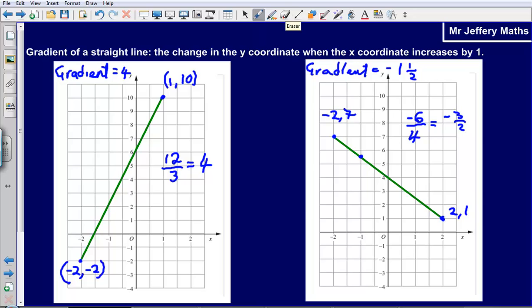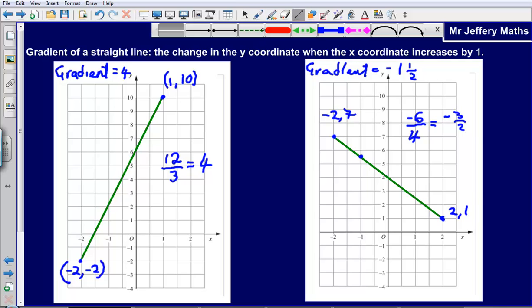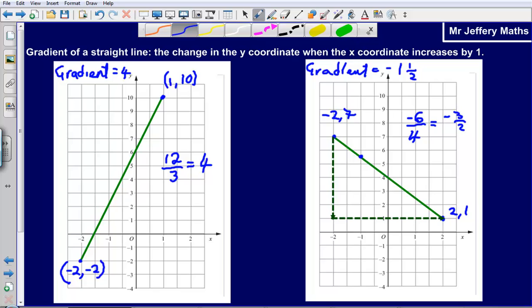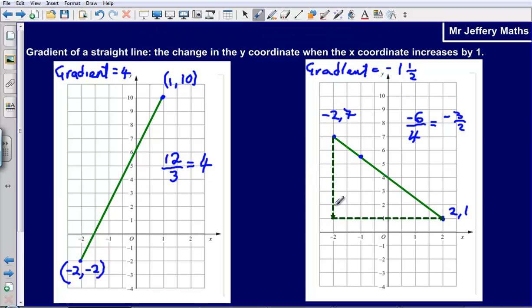The second thing to look at would be to look at the distance of a line. Now this is just basic Pythagoras. What you'll notice here is if I wanted to work out the distance, say from the coordinate -2, 7 to where the coordinate 2, 1 would be, all that I've got basically is a right angle triangle where my right angle is in this coordinate.